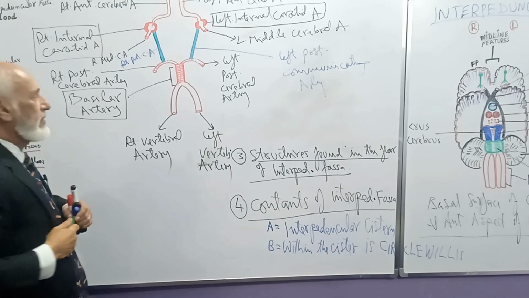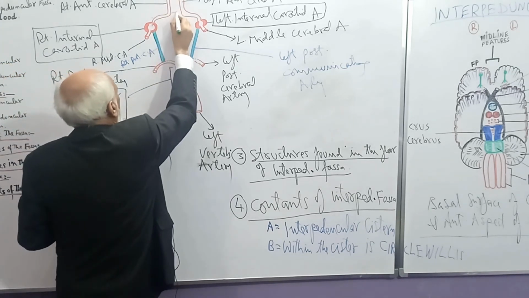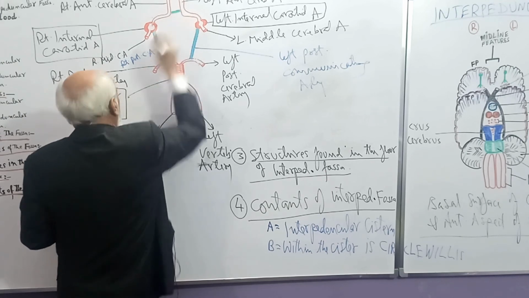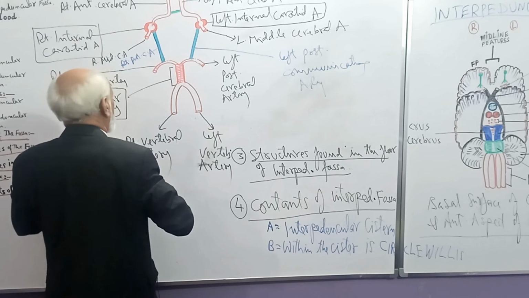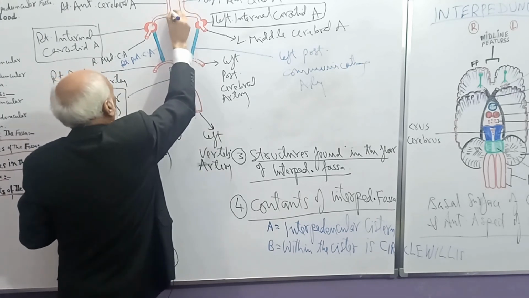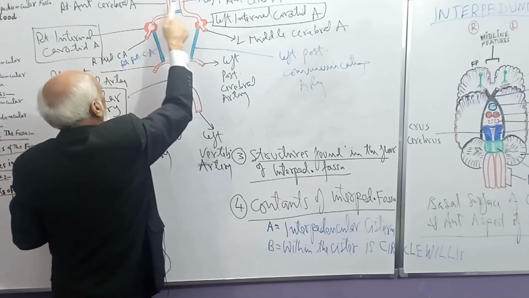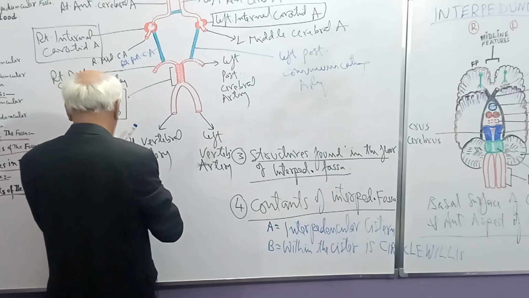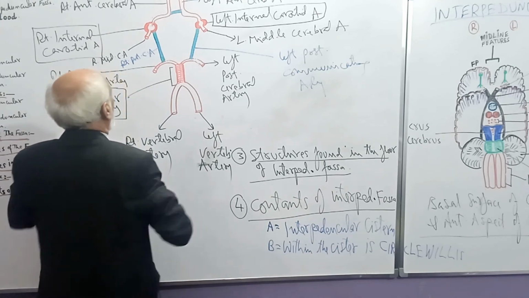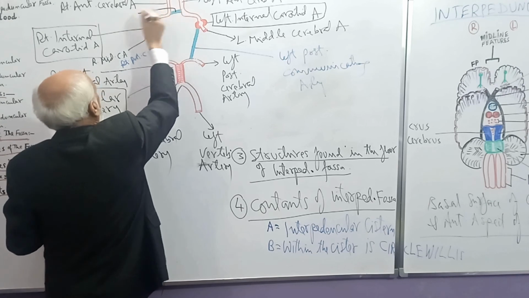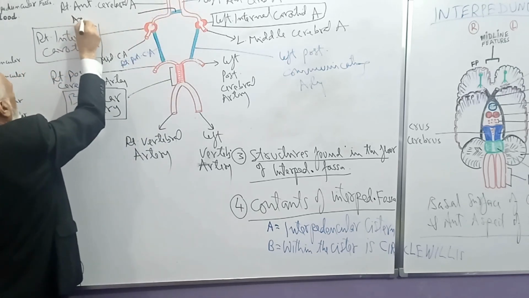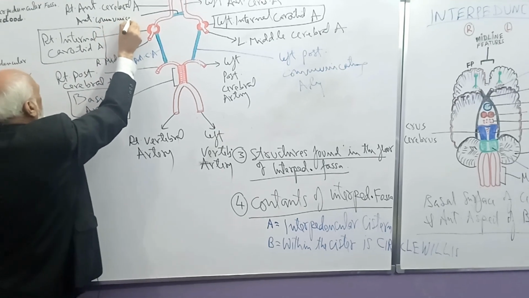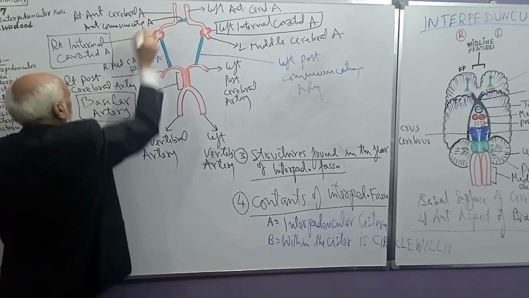These are also interconnected with one another by another communicating artery called the anterior communicating artery, which interconnects the right and left anterior cerebral arteries. This communicating channel is called the anterior communicating artery.